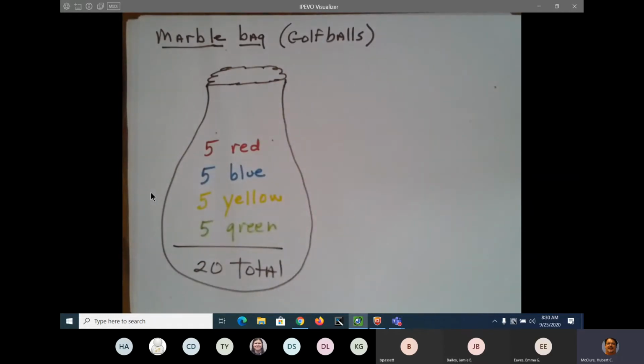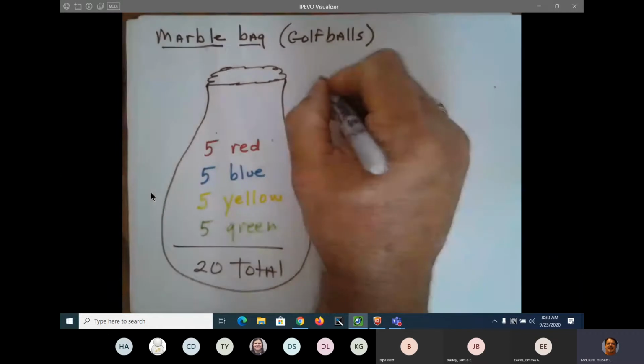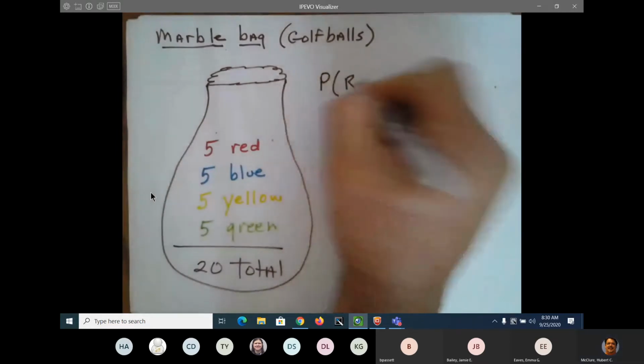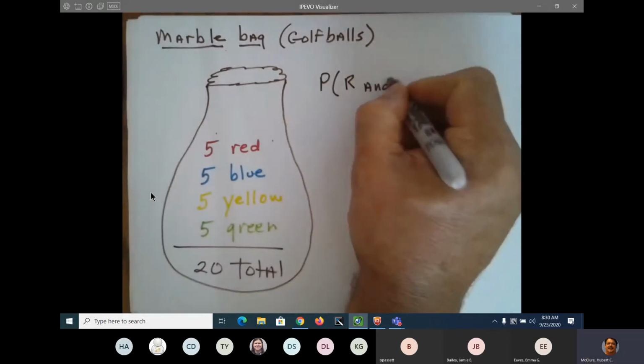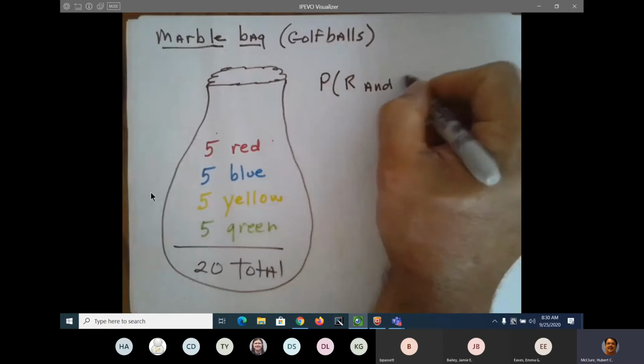The question will ask you either for different colors or for several colors from several draws. Okay, so I'm going to show you the different type questions. Here's one question. It's going to say the probability of a red and a green.